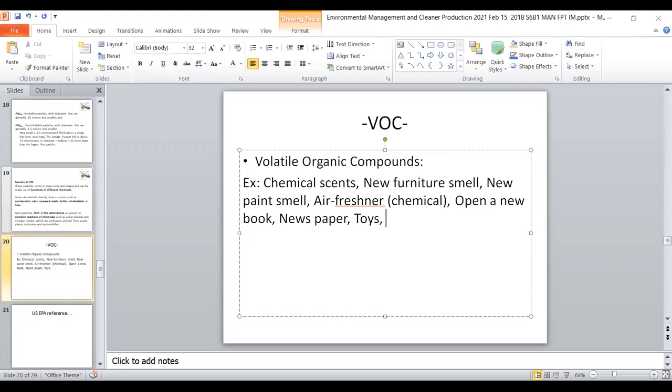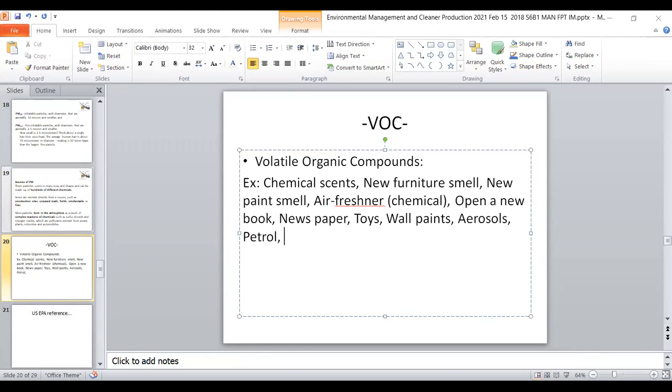Don't give these toys to children. That contains VOC. Sometimes wall paints. Sometimes the quick drying paints, aerosols, yes, contain VOC. Even petrol, some feel the good smell. VOC.